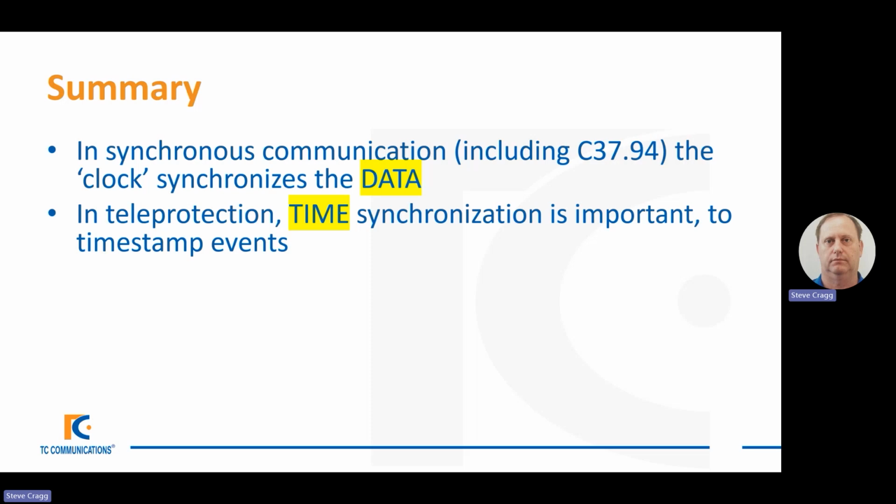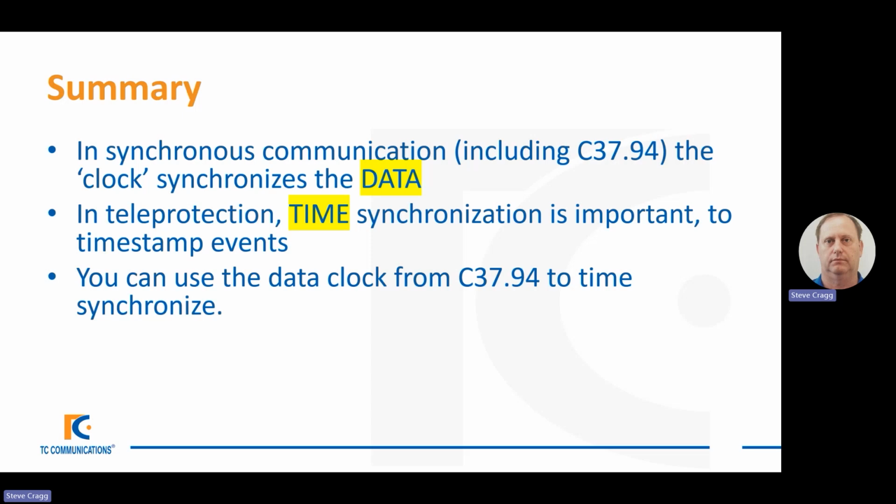When they talk about clocks, they often mean real-time clocks, not synchronization clocks. However, you can use the data clock from C37.94 to time synchronize if you want. That is a common use of the C37.94 standard. It's a byproduct of the fact that it is actually a synchronous communication method.